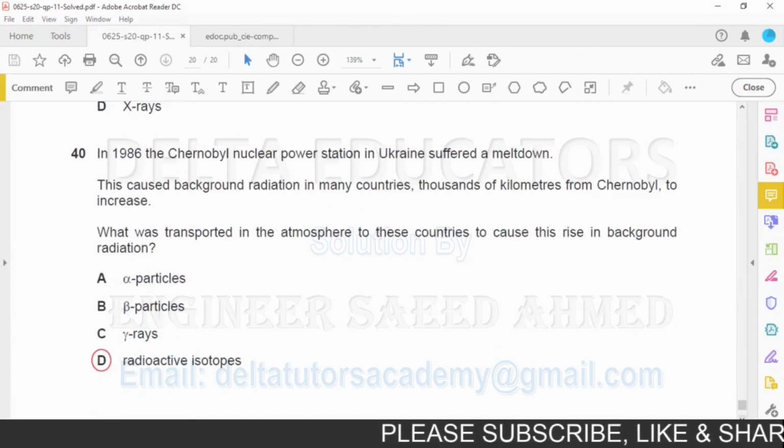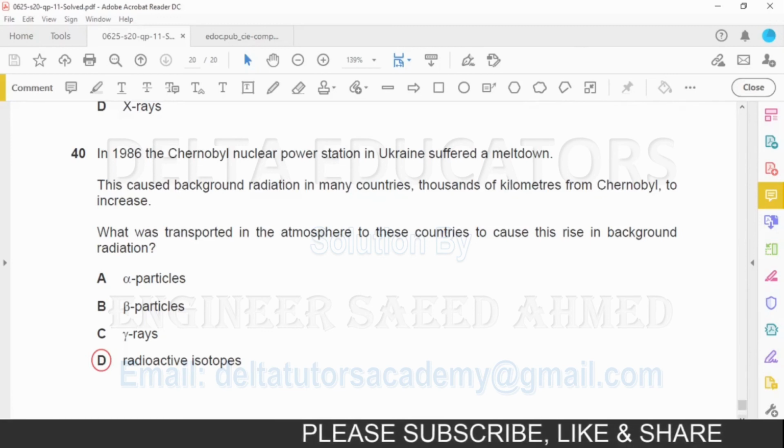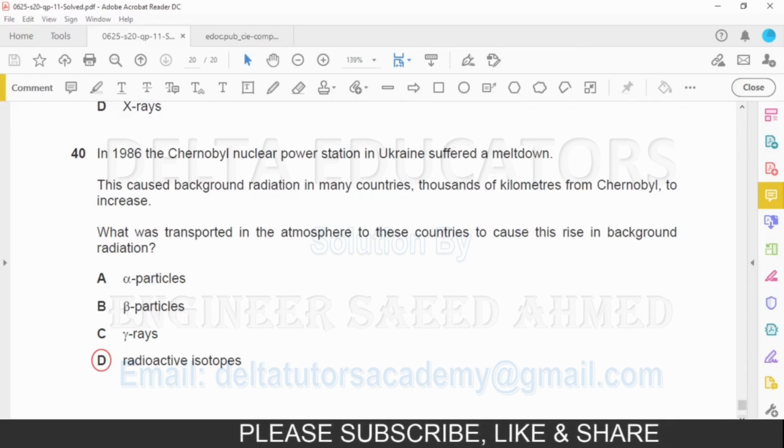Question number 40. In 1986, the Chernobyl nuclear power station in Ukraine suffered a meltdown. This caused background radiation in many countries thousands of kilometers from Chernobyl to increase. What was transported in the atmosphere to these countries to cause this rise in background radiation?